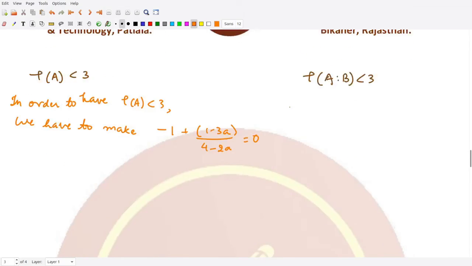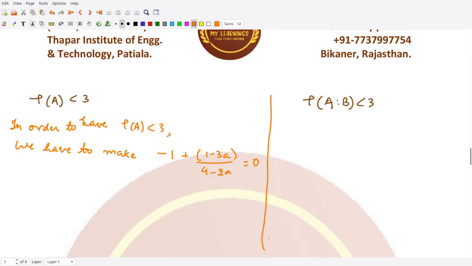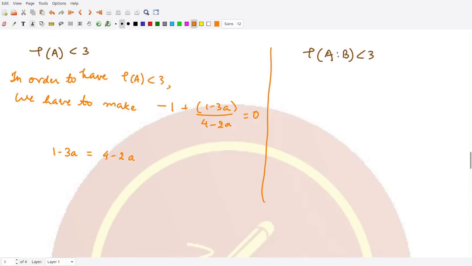So we forcefully make this element 0, we are just equating it to 0. So when you solve this, you have 1 minus 3A equal to 4 minus 2A, right? So from here you have minus 3 is equal to A, so you have the value of A as equal to -3.